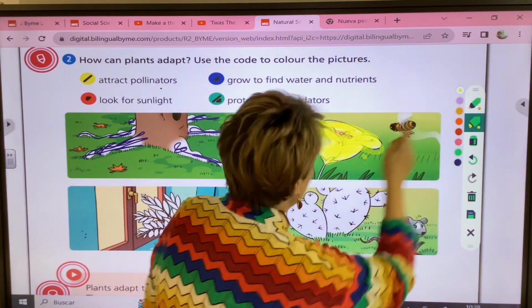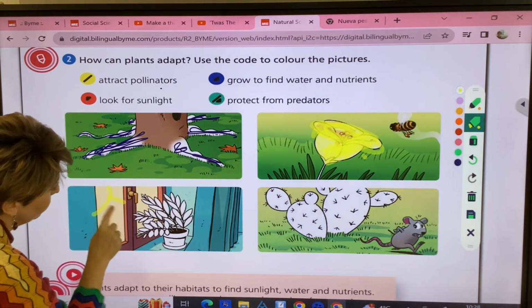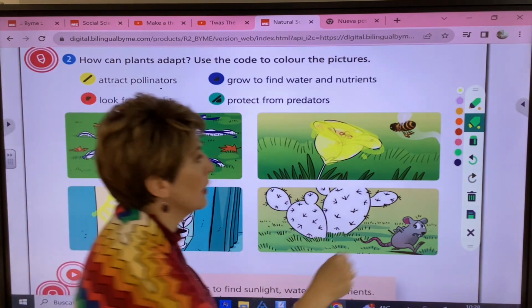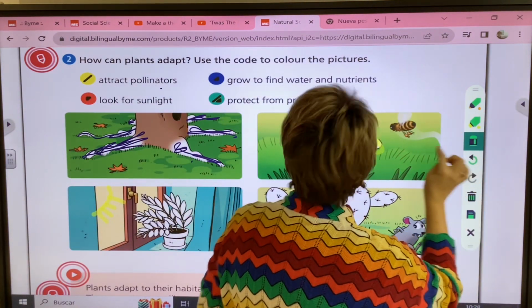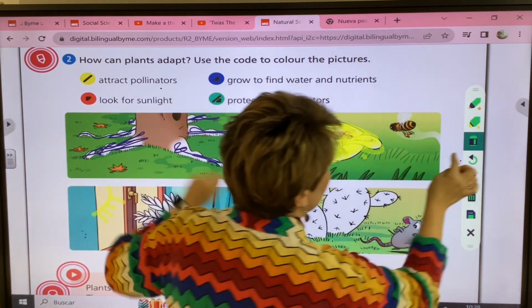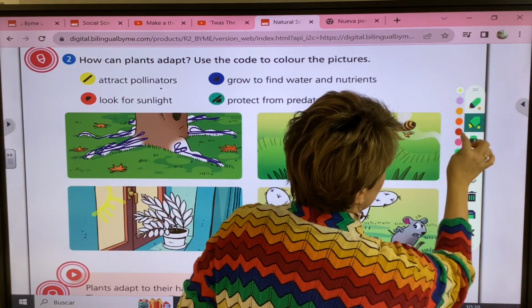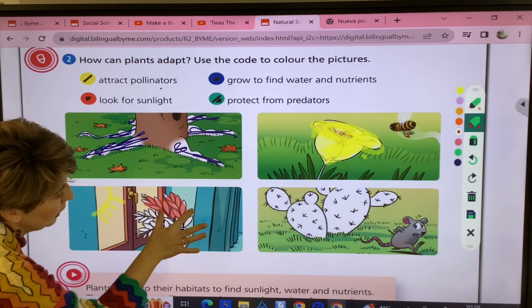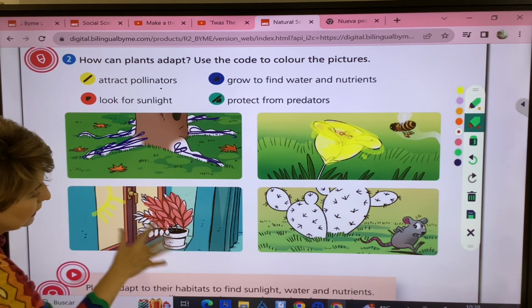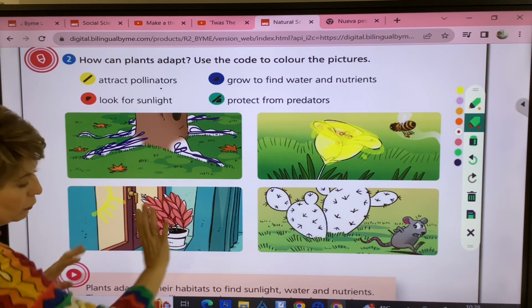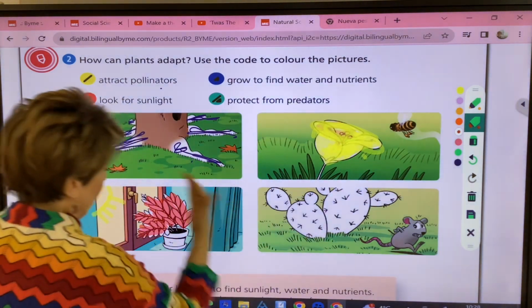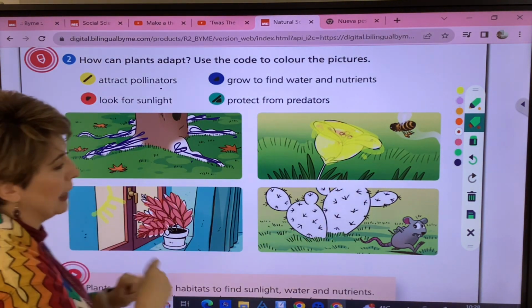So if we have the sunlight here, the leaves are turning to the left, and they are looking for sunlight. So we would color this red because this plant is turning right or left, to the east or west, to look for sunlight.